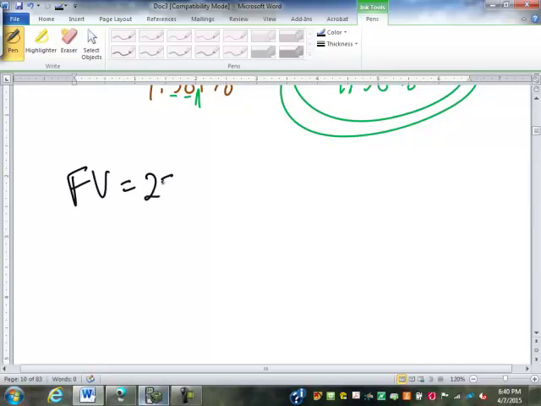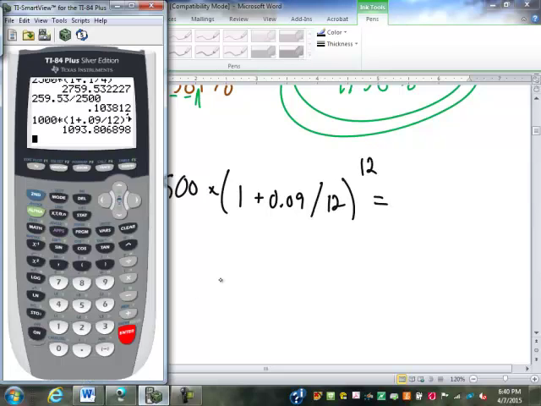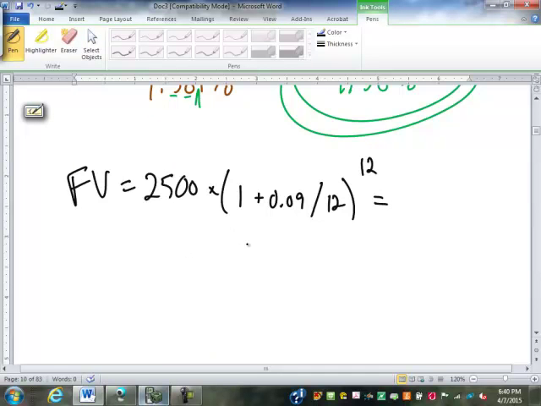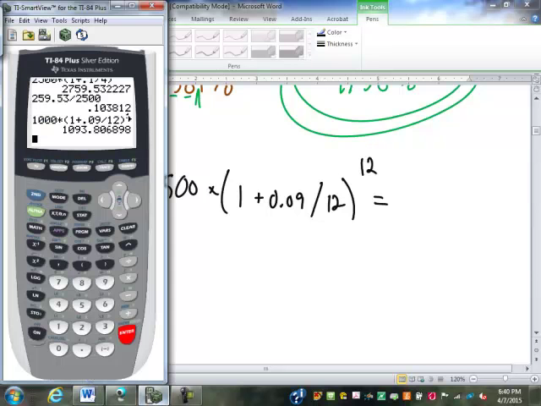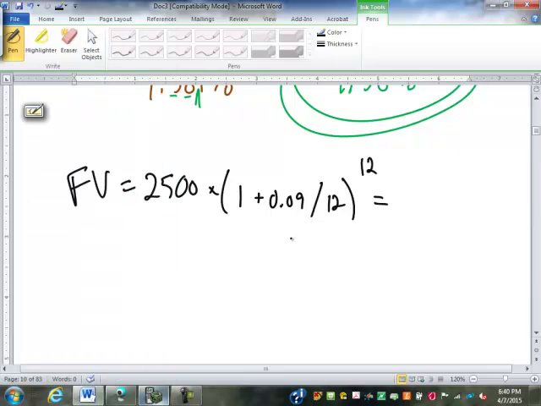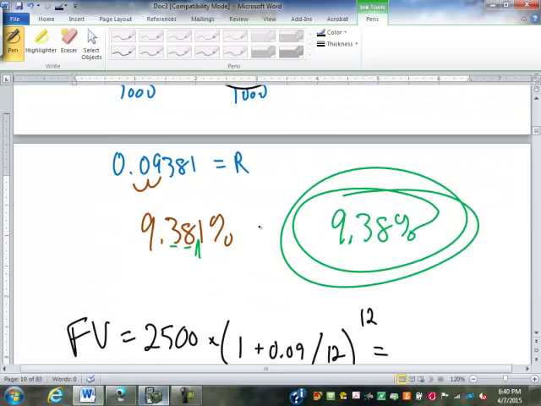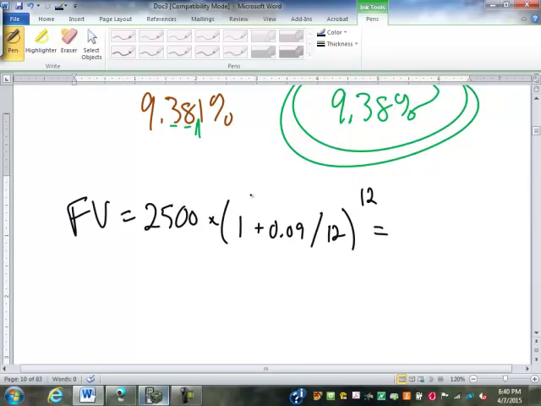It would be 2,500 times 1 plus 0.09 divided by 12 to the power of 12. Okay, there you go. Because you should end up with something like $225 in interest, somewhere in there.